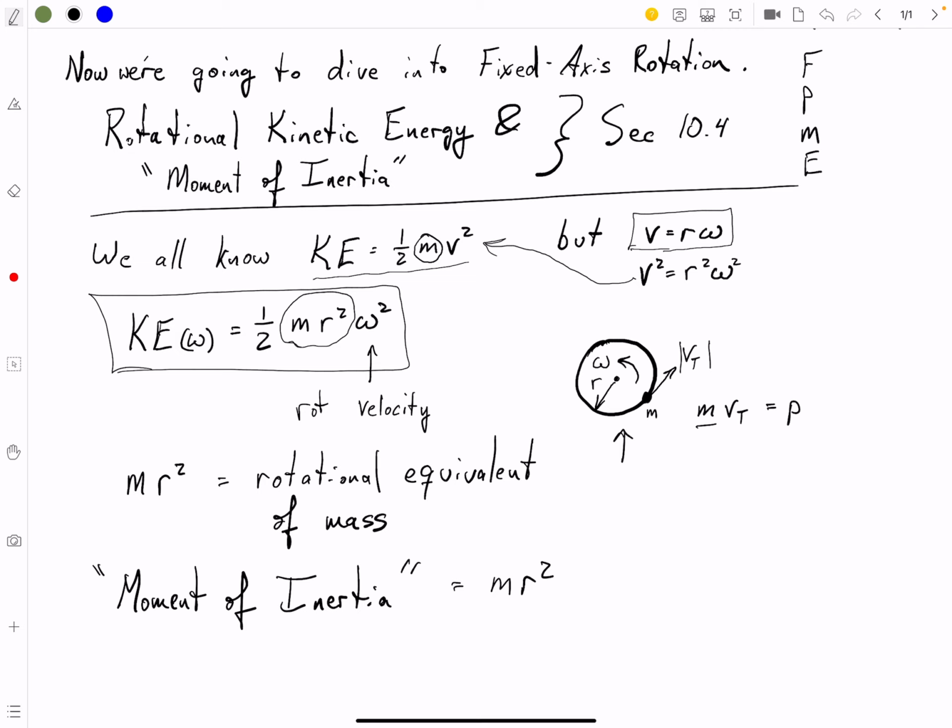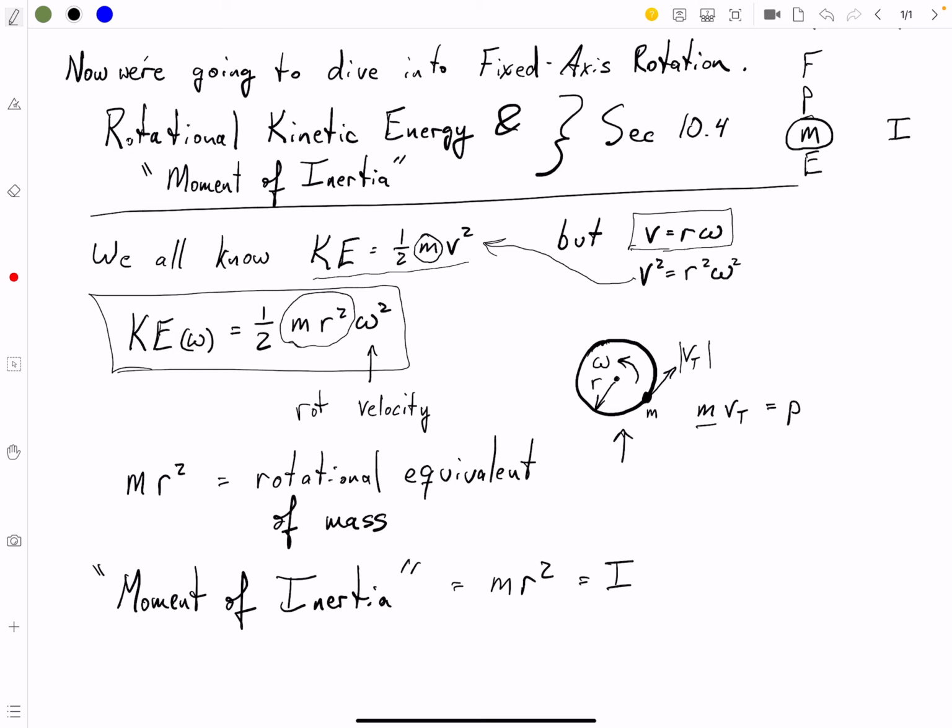So, great. That's all fine and dandy. So what do we have? We have two things. Here, I'm going to go back to this. We've got mass, and now we've got moment of inertia. We use the symbol I for moment of inertia. Okay, so capital I. So that's the equivalent of the moment of inertia.